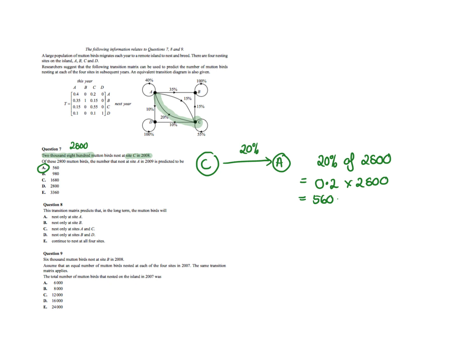Okay, question 8. The transition matrix predicts that in the long term. So all you have to do here is put the transition matrix up here to a high power. Now, because we're talking about long term, which is the steady state, and we don't have an initial state matrix, remember it doesn't matter when you're doing the long term.